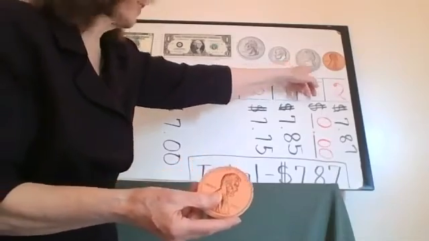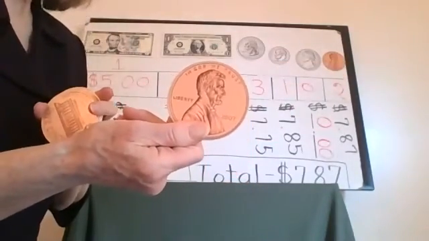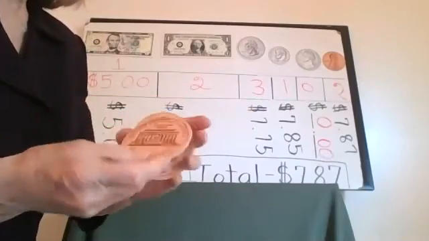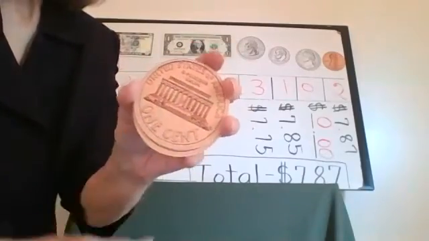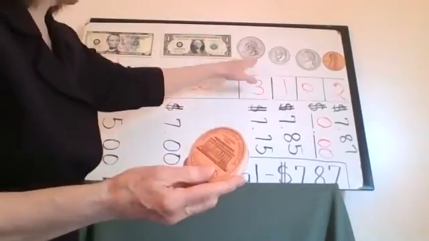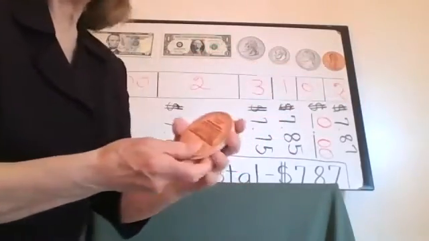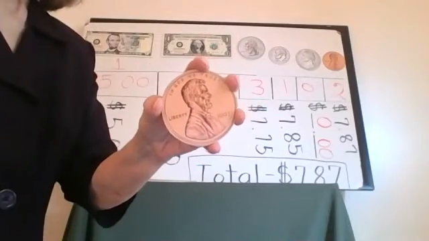And then, of course, I only need 1 penny to equal 1 cent. Look on the back. What does it say down there? 1 cent. We measure our coins in pennies or cents.